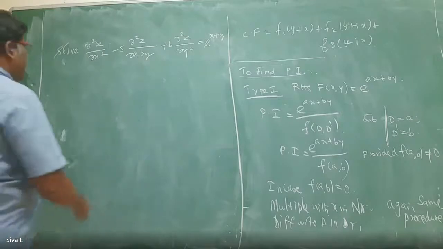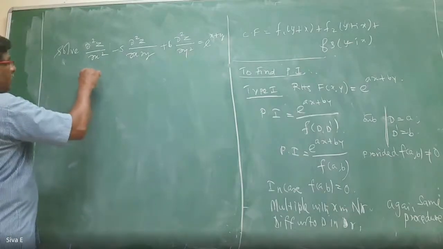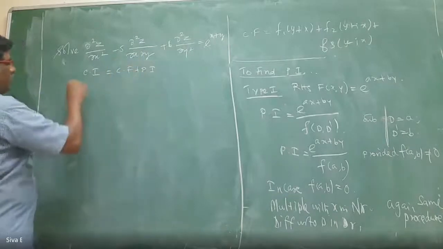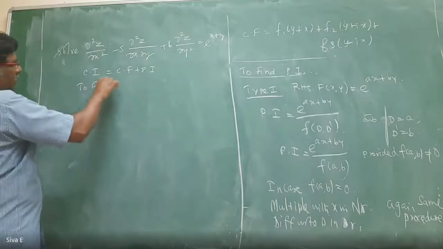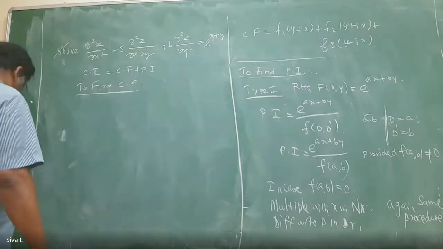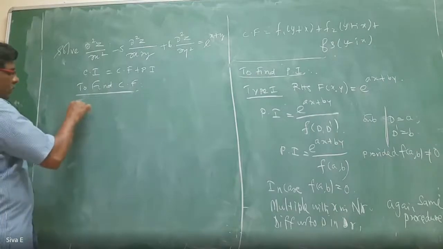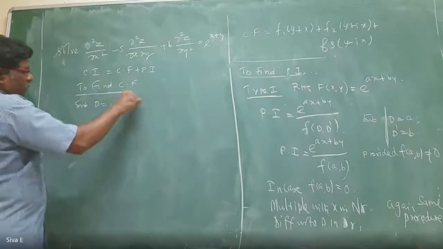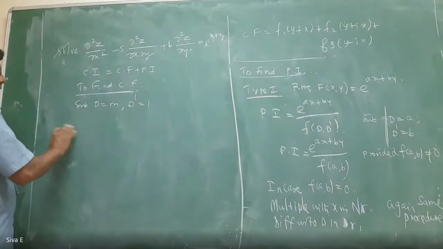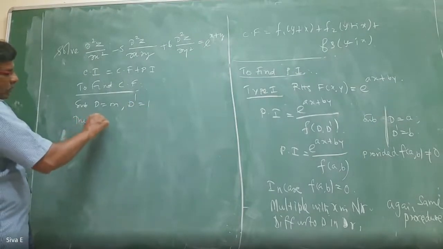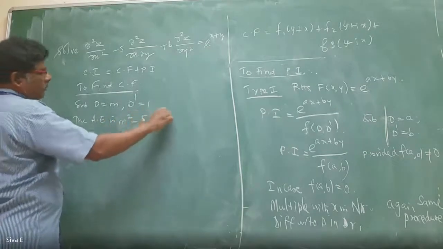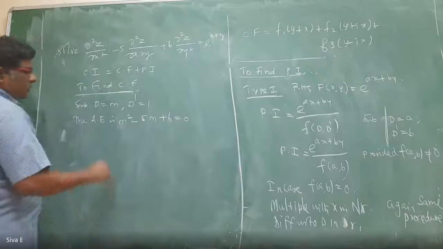So the complete integral equals complementary function plus particular integral. First thing is to find the complementary function. To find it, substitute D equal to m, D dash equal to 1. Then the auxiliary equation is m square minus 5m plus 6 equal to 0.